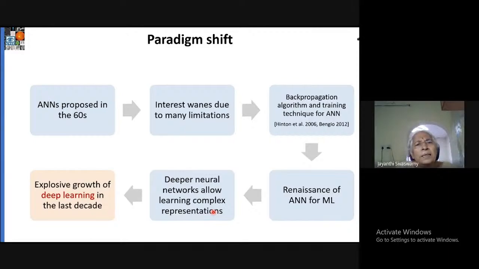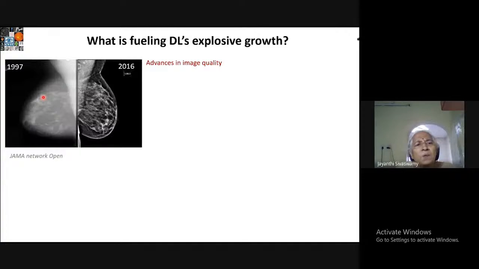Well, in the medical imaging context, one thing that is helping is that the image quality has greatly increased. In 1997, the mammogram quality was like this, so it's hard to see the texture of the tissue inside the breast. It's a projection image. Whereas jump to 2016, you have much better quality. Next is what we call PACS. Hospitals use something called a picture archival and communication system, where all the images are stored in a central server.